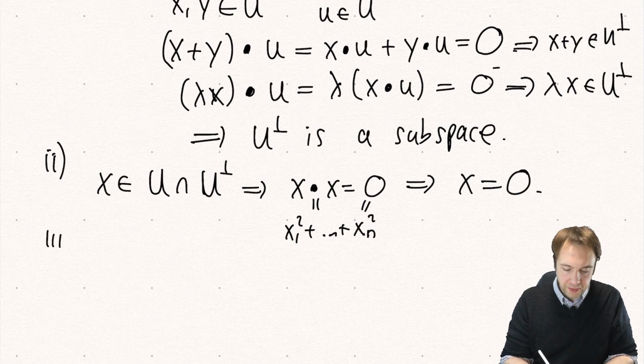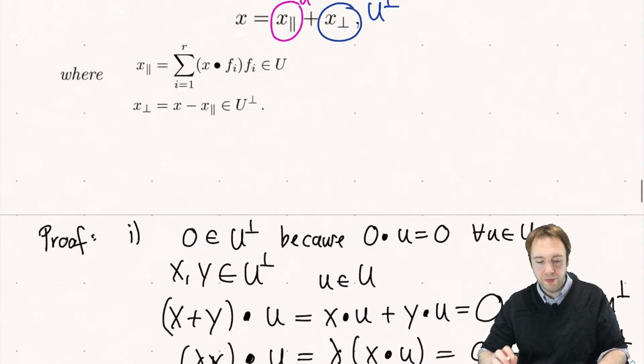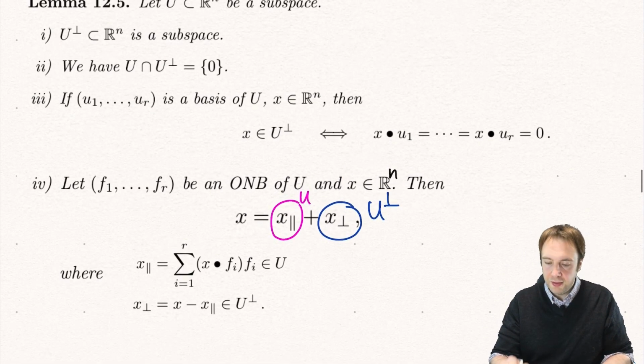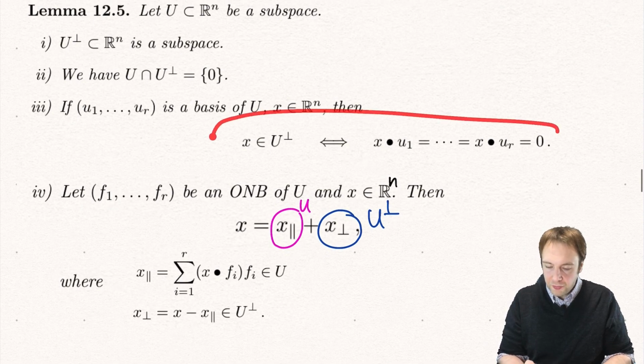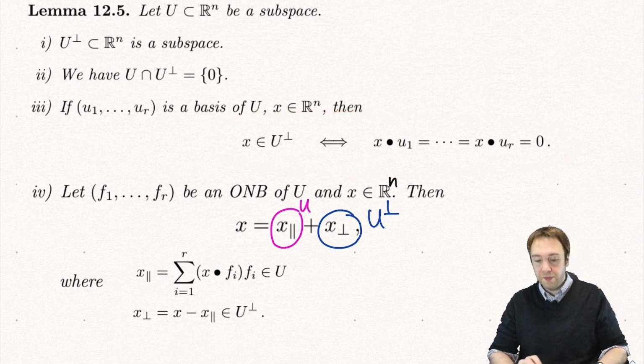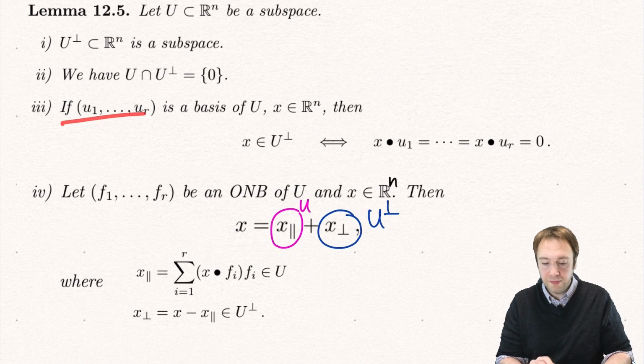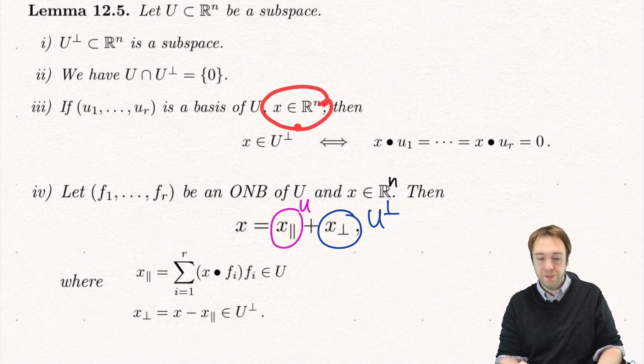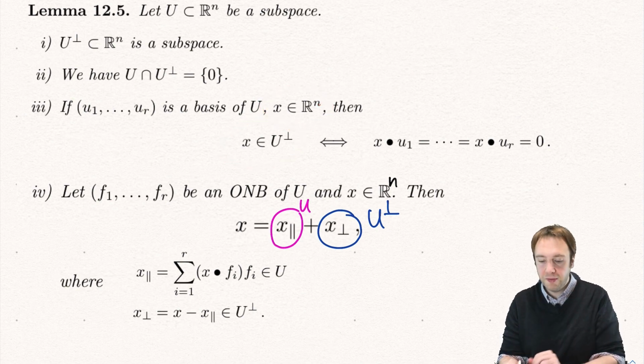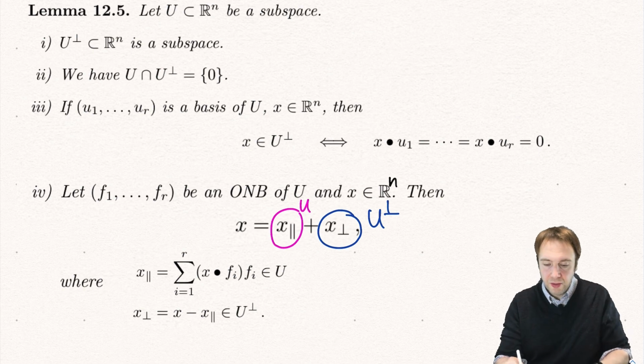Okay, and number 3. So we want to show that these two statements are equivalent. If I have a basis, then for an arbitrary element in Rn, being in the orthogonal complement is equivalent to being orthogonal to the basis elements.